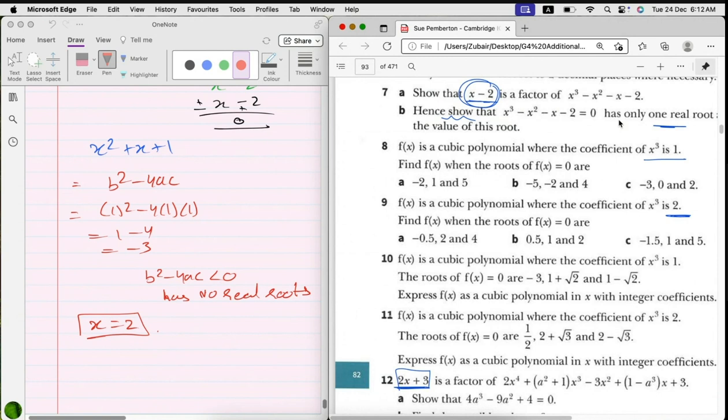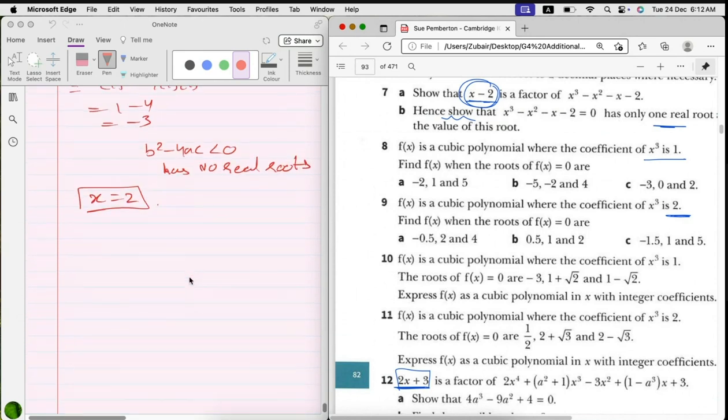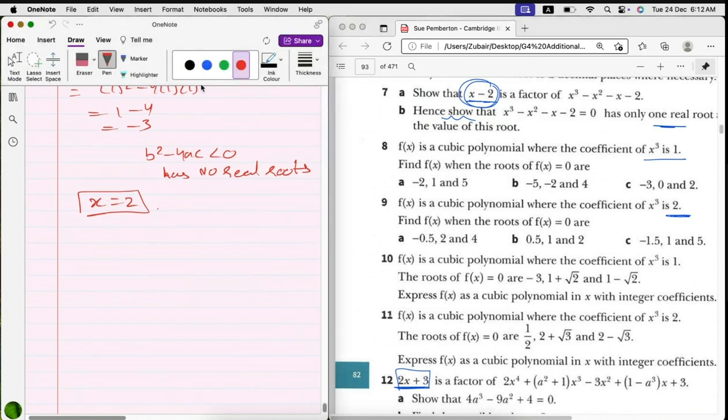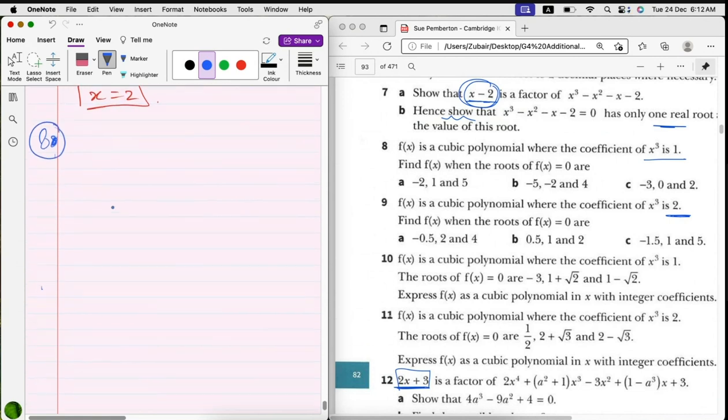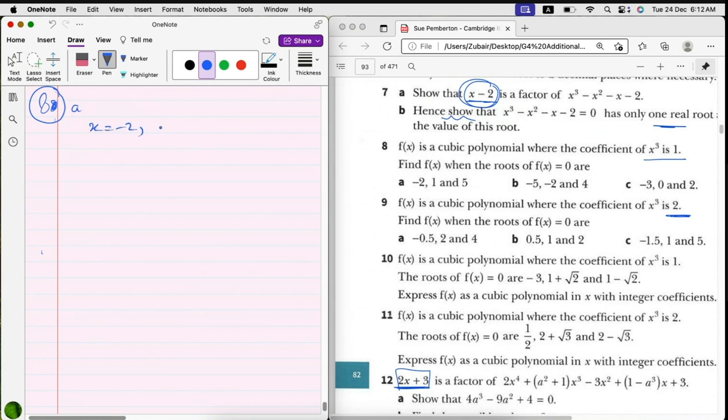Now look at question number 8. This is the exact reverse of what we've been doing. Question number 8a. It is given that x equals minus 2, x equals 1, x equals 5.